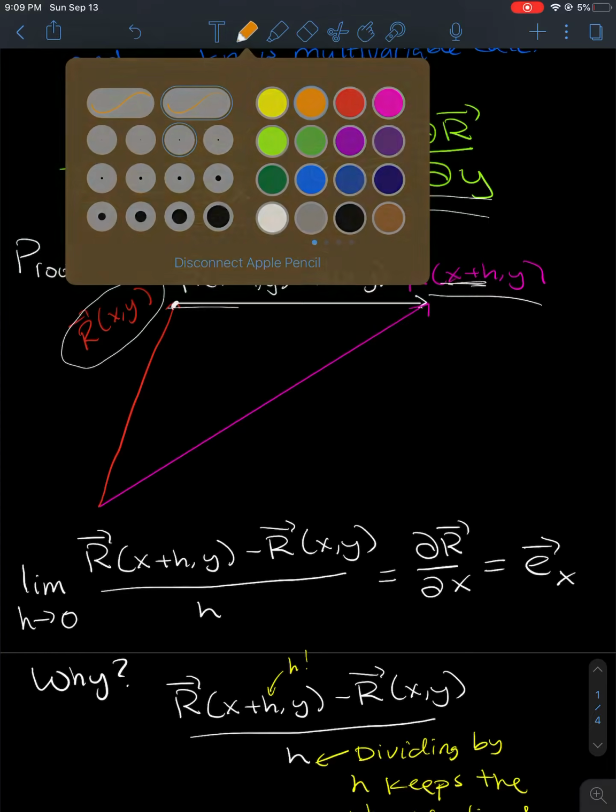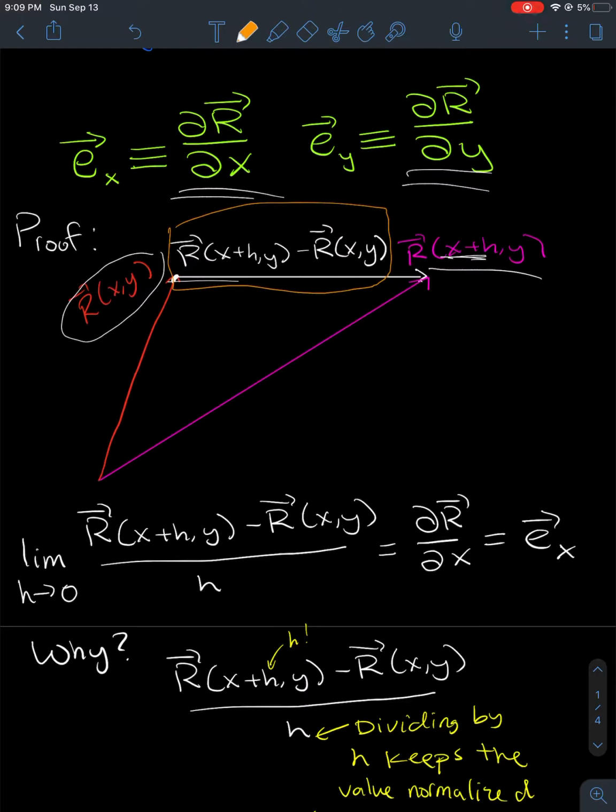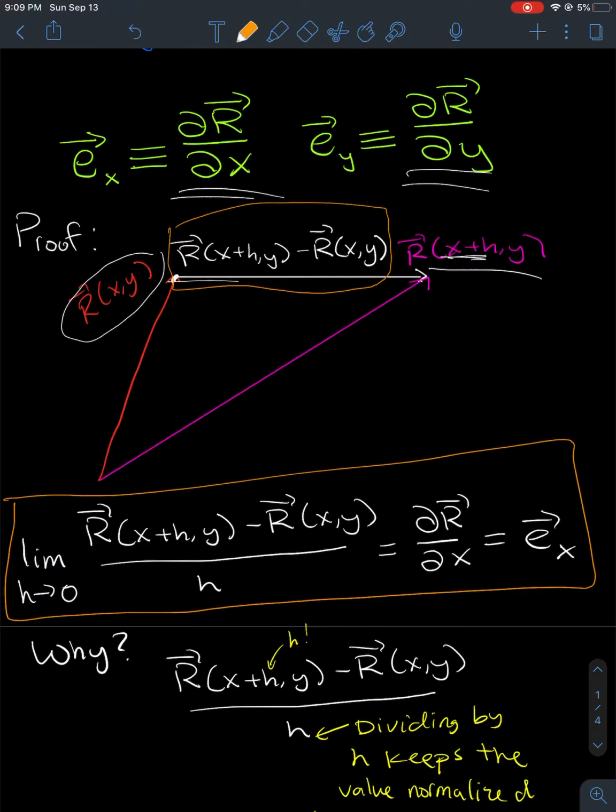And then we have R(x plus h, y) minus R(x, y), which is simply the separation vector between those two vectors. Now, when we take the limit of this whole thing, h is just the distance that it's being shifted.